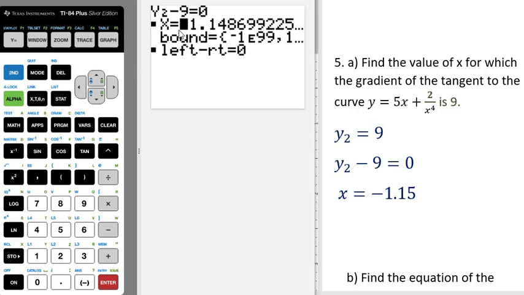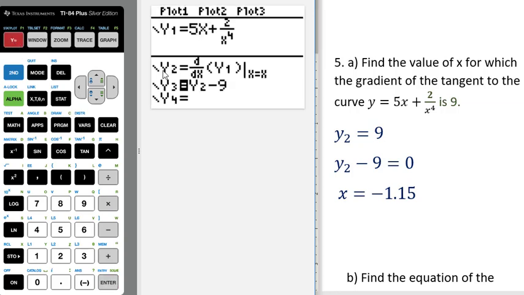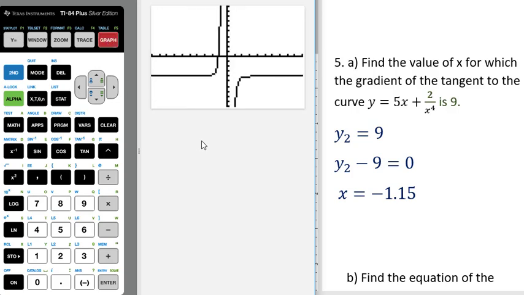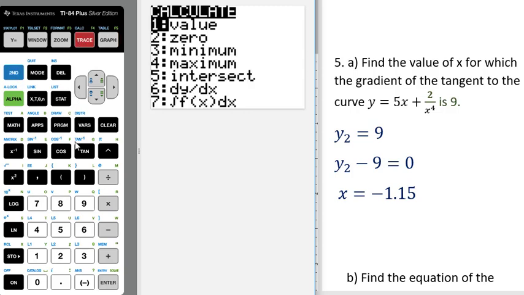But if you want to use a graph to figure out the x-intercept, we go to y equals and y3 equal to 0. So we want to figure out the x-intercept of y3. The graph is over here. Then I do second trace, go to 2.